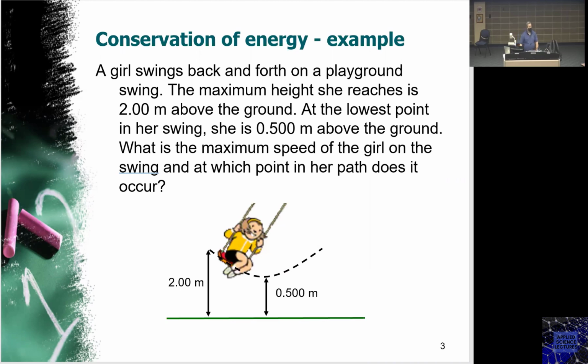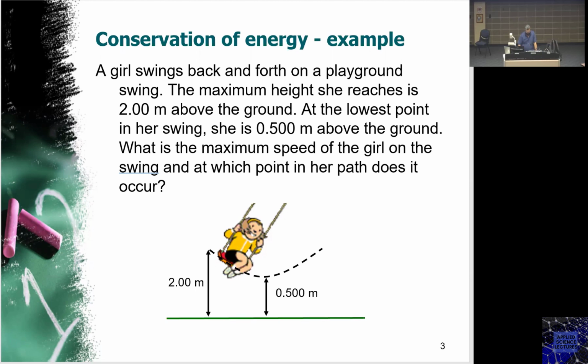So, based on our understanding of the conservation of energy, we know that at the highest point we have the greatest potential energy, and at the lowest, the least gravitational potential energy.